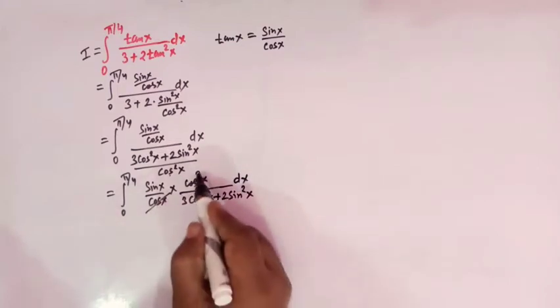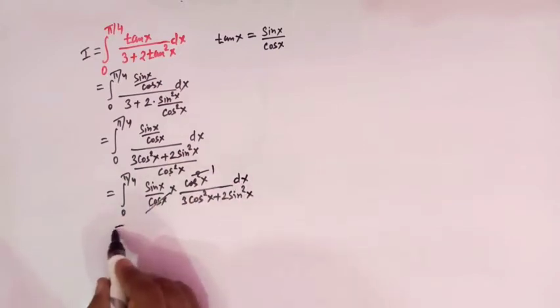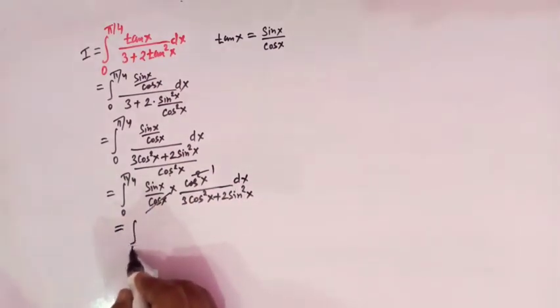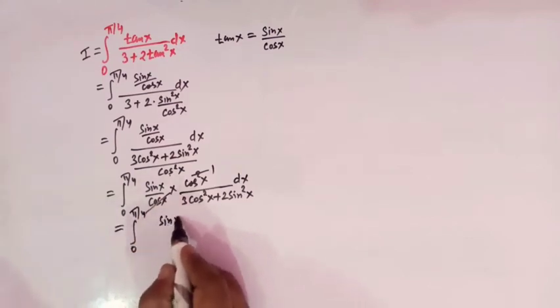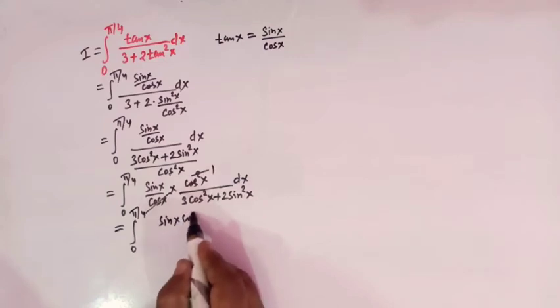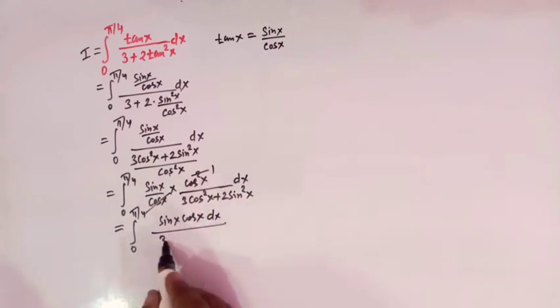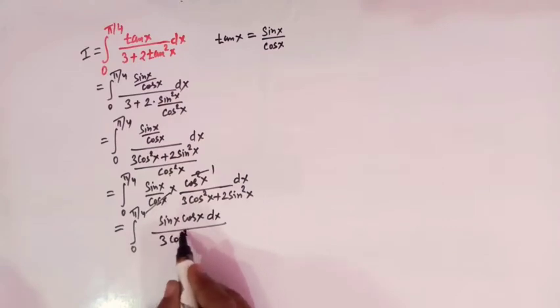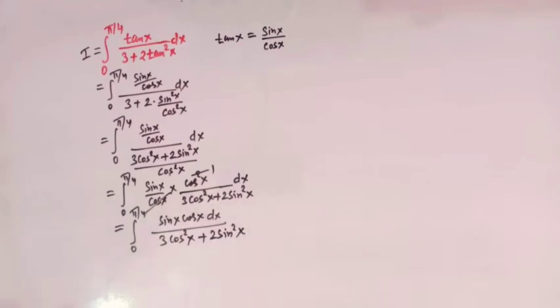So now cos x and 1 power get cancelled, so we are now left with 0 to pi by 4, and we have sin x, and here we have 1 cos x and dx, and in the denominator we have 3 cos square x plus 2 sin square x, right?